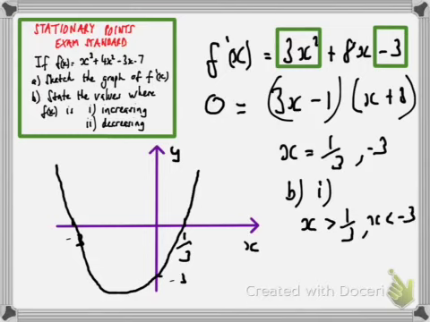That's where we've got positive gradients, and it's decreasing, we've got negative gradients, in between negative 3 and 1/3.